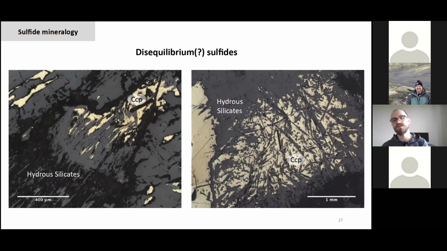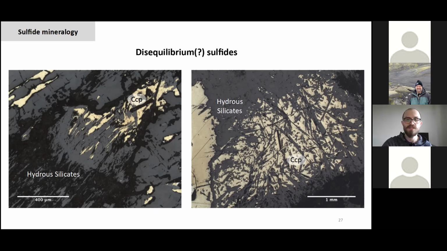Now, the image on the right is quite a bit different. The actinolite blades exhibit a random orientation in their intergrown chalcopyrite. Because chalcopyrite does not have a cleavage, if it has been replaced by actinolite, then the actinolite blades should not exhibit a preferred orientation. And that's exactly what we see with this image on the right.